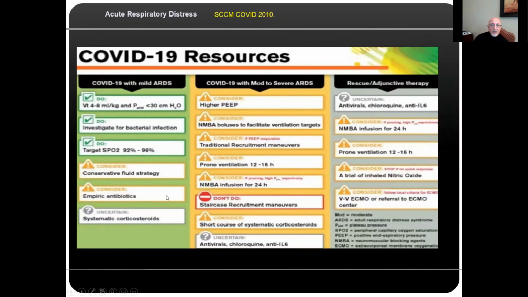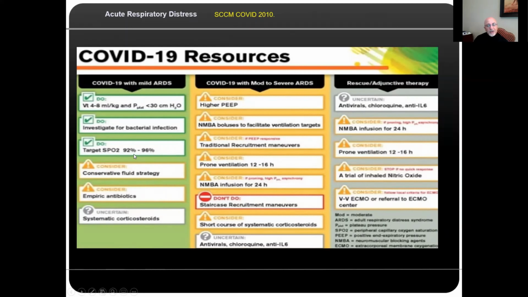When we look at the recommendations for COVID currently by the Society of Critical Care Medicine, for COVID-19 with mild ARDS, they recommend to intubate the patient. Do investigate for bacterial infection. I generally recommend obtaining cultures and looking at the patient's procalcitonin level or bandemia, as the patient may have co-infection, and initiate appropriate antibiotics, usually Rocephin and azithromycin.